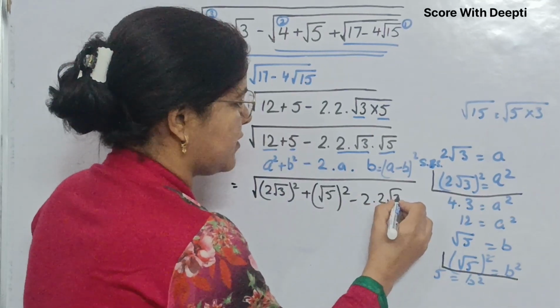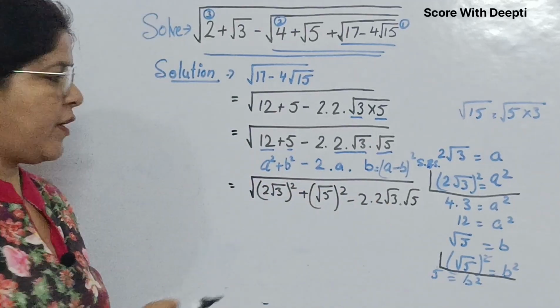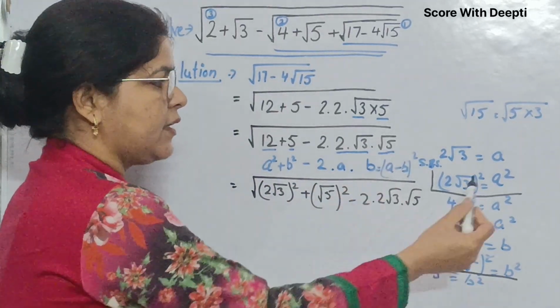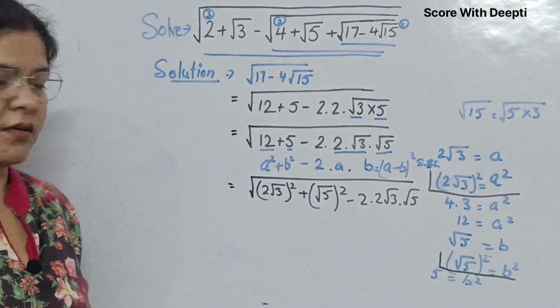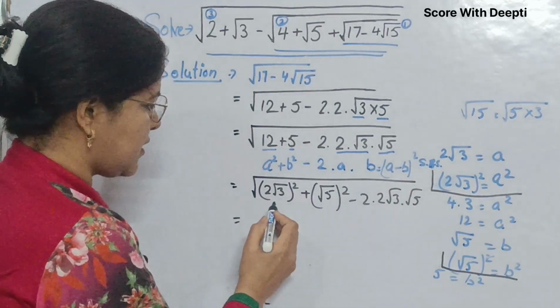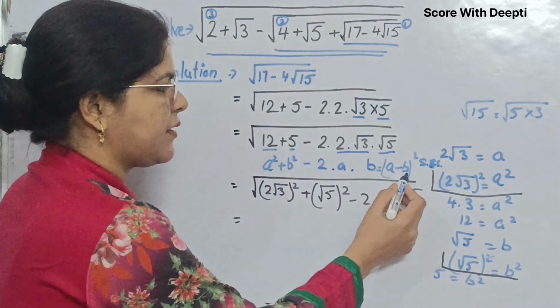This question is very simple. First we find the value of a and b, then taking squares we get the values of a square and b square. Then a square plus b square minus 2ab is equal to a minus b whole square.